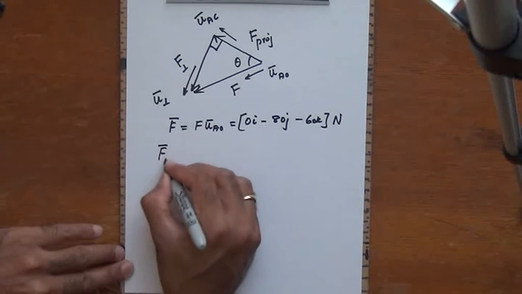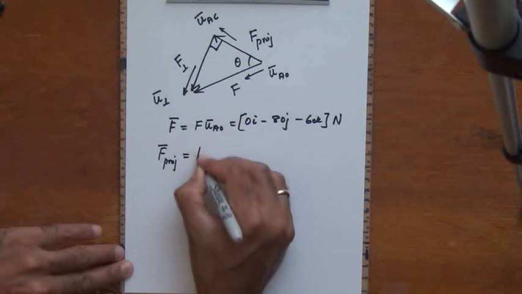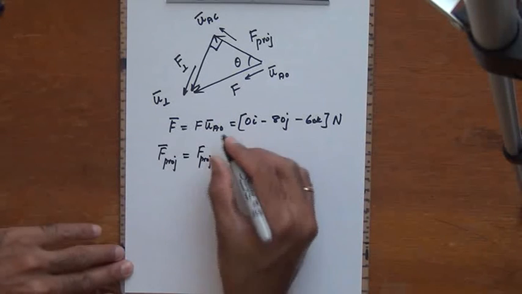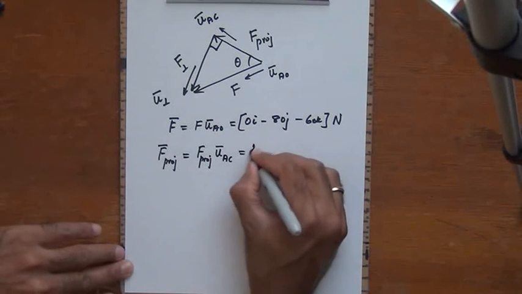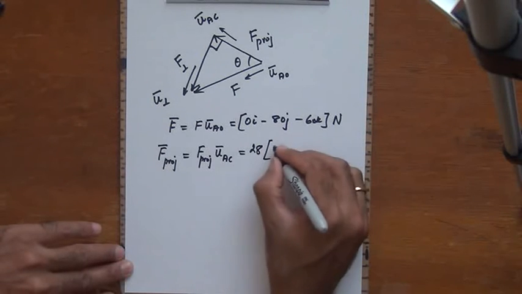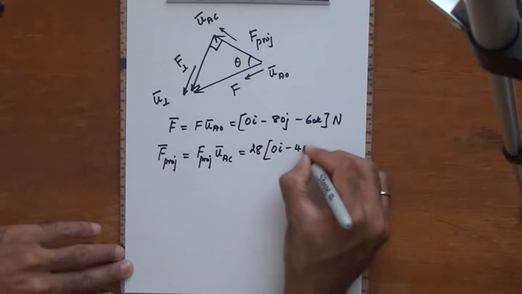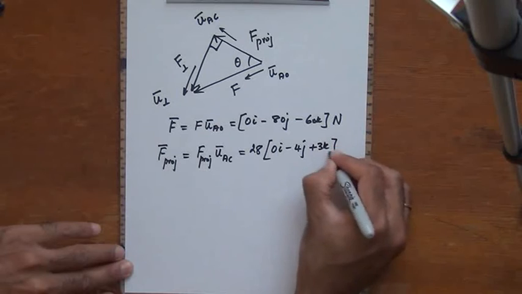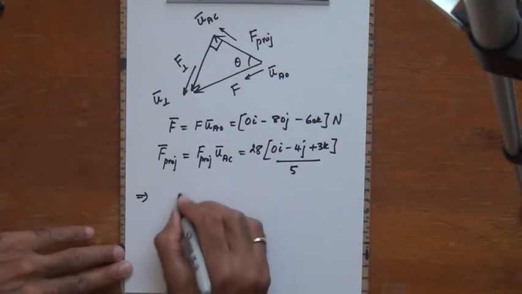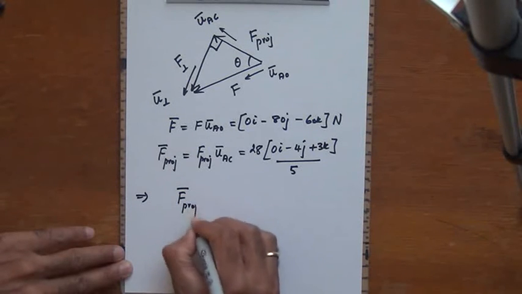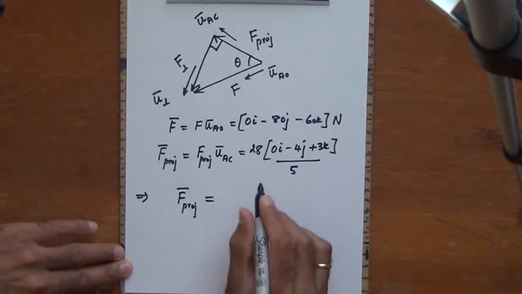Now F projection can be written as its magnitude times the unit vector along its line of action UAC. Magnitude was 28, and UAC was 0I minus 4J plus 3K divided by 5, which means that F projection was the following.